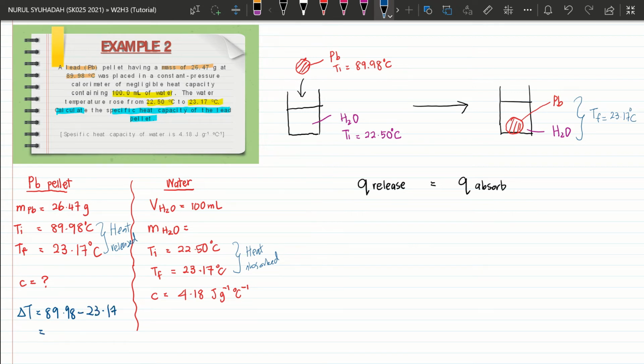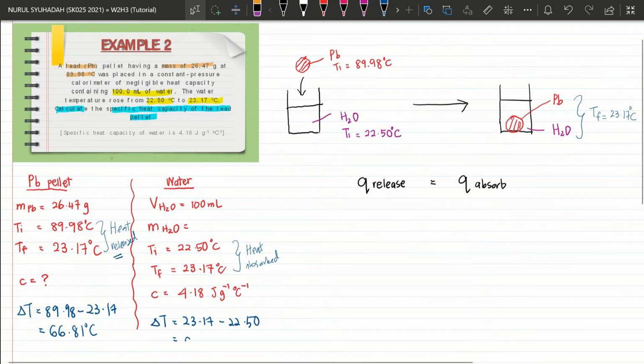The delta T for lead is 66.81 degrees Celsius, and it is heat release. And then the delta T for water is 23.17, since that's the higher temperature, minus 22.5. So you will get the change as 0.67 degrees Celsius.